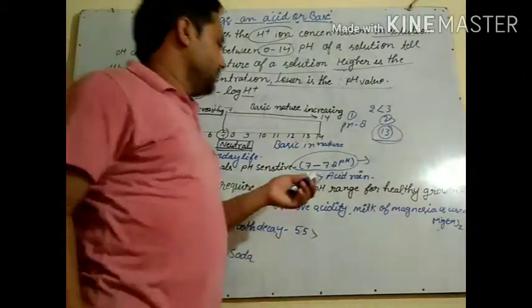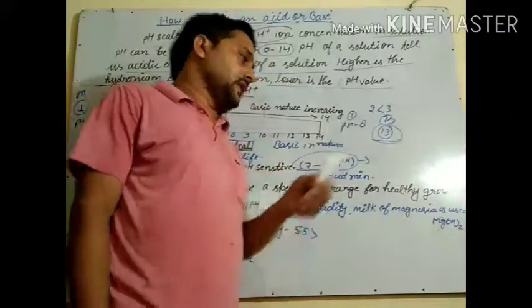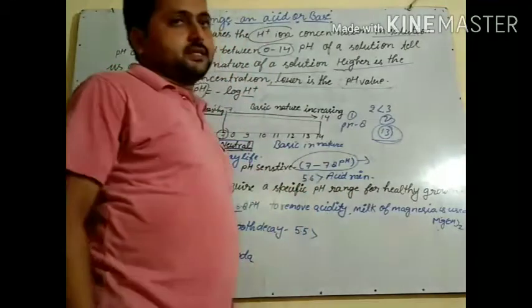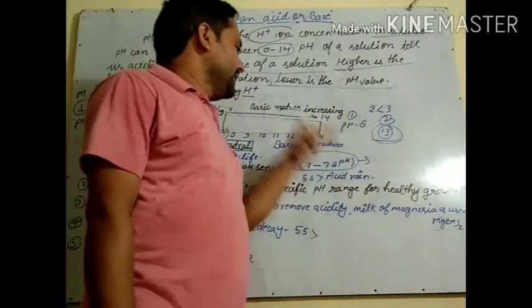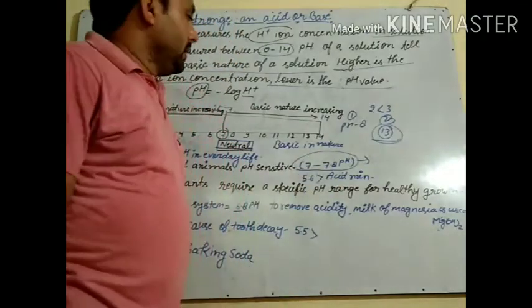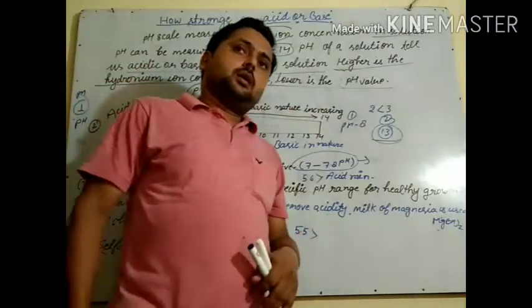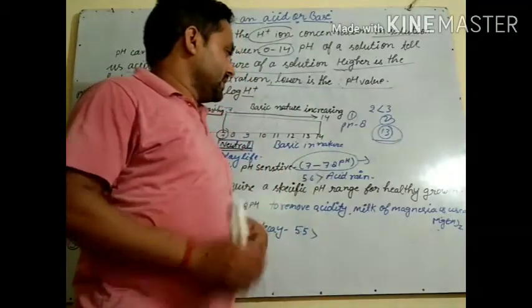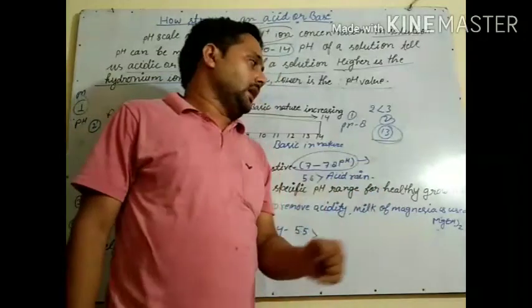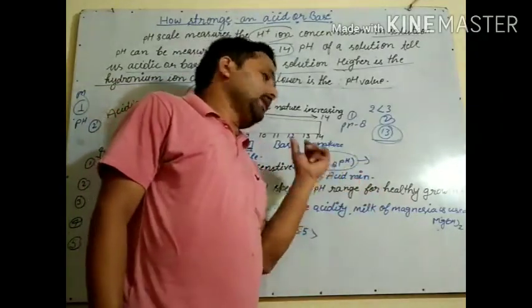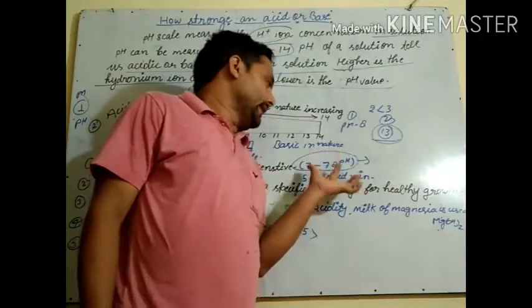If the pH of a solution or water is less than 5.6, that means it is acidic in nature, so that causes acid rain. It means when harmful gases get mixed in water and lower the pH of water, that causes acid rain.